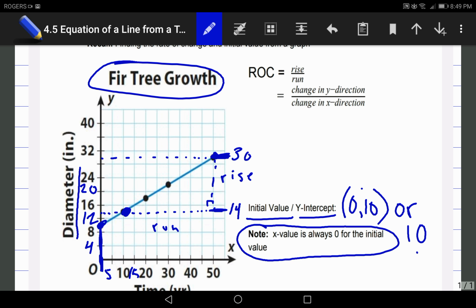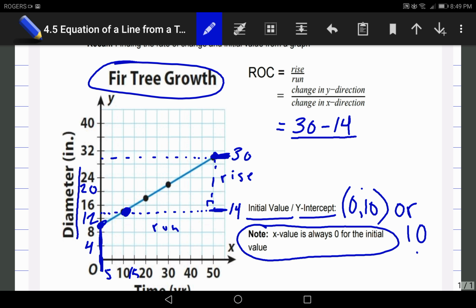By the way, these are both y coordinates. All you do is take your 30 and subtract 14. It's going to end up being 16, a rise of 16, but let's first calculate the run.